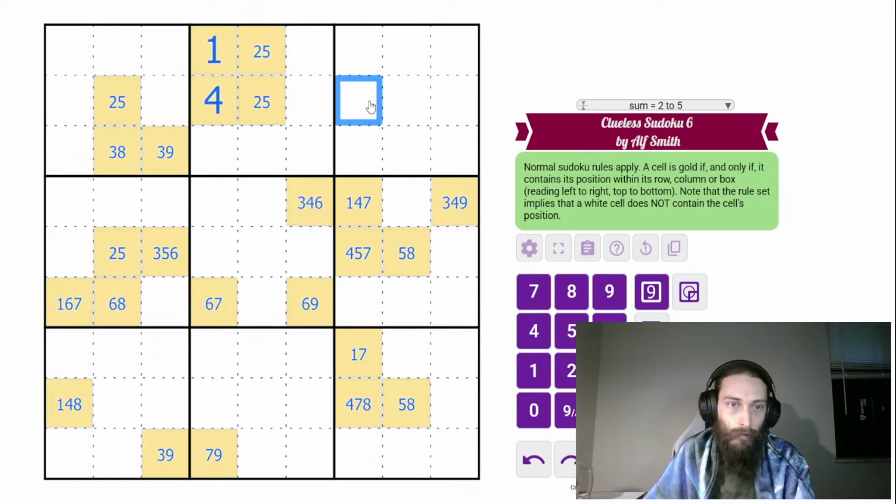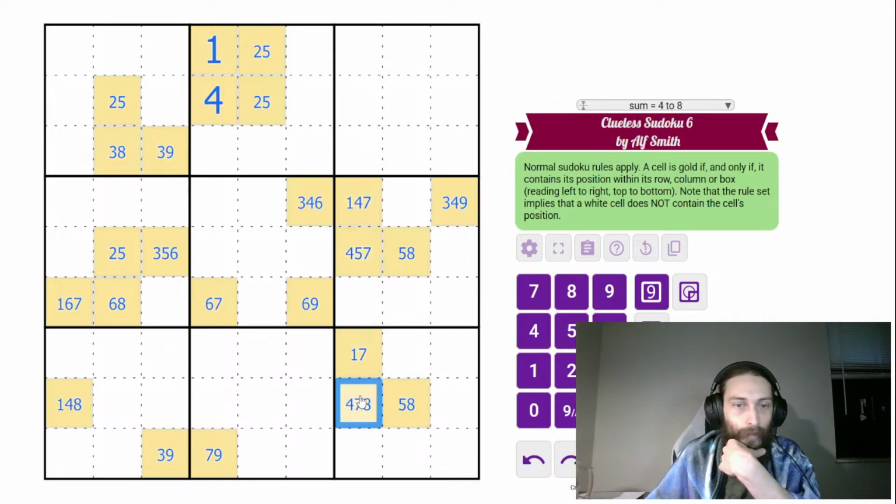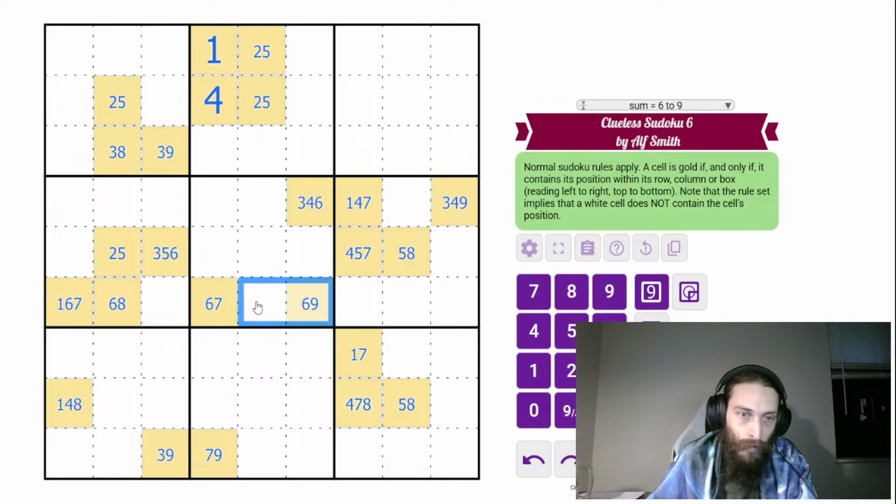Now we get 4 and 1. 1, 4, 5. If we could take this 8 out, that would be nice. These are really close, but not super helpful yet.